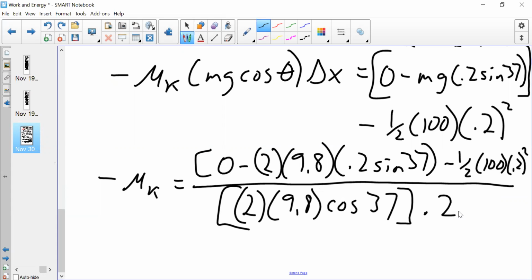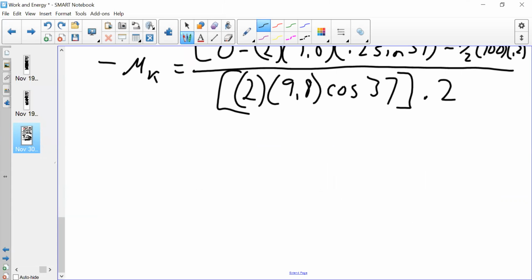And once you work that all out, you should get like 0.115. I mean, we can do the math and all that, but I'll save that step for you.